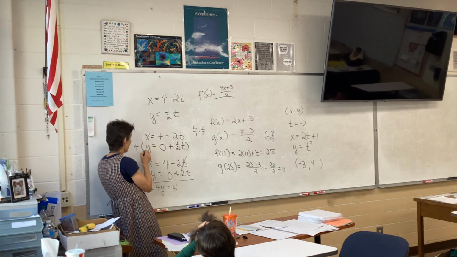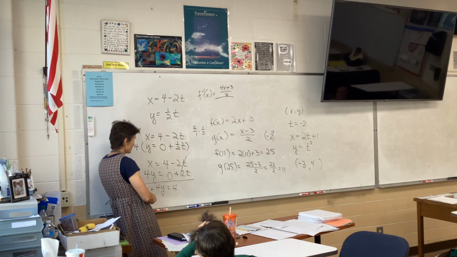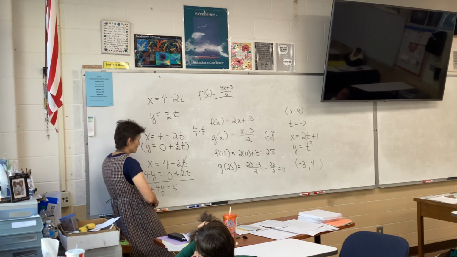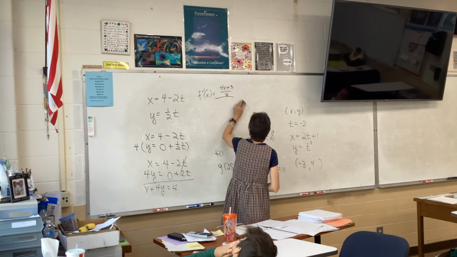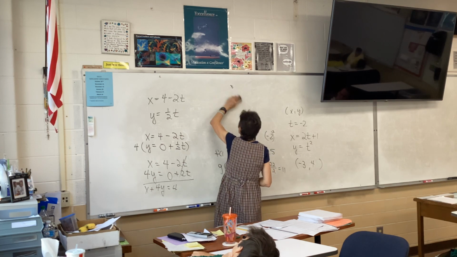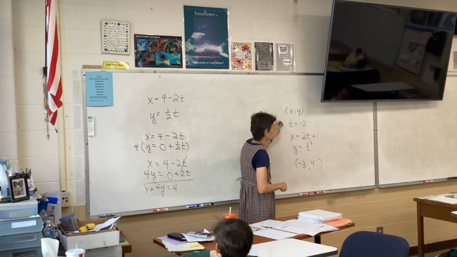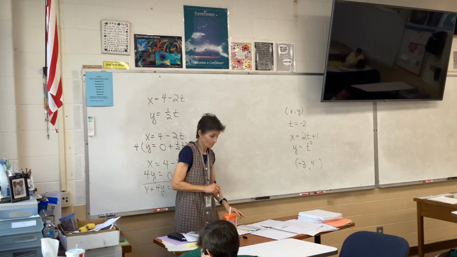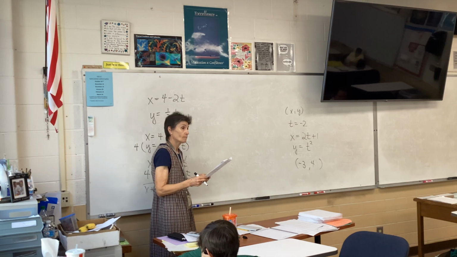Take 4 times y, 4 times 0, 4 times 1/2. That'll make these cancel, which is the goal, and there's the answer to the question. Okay?